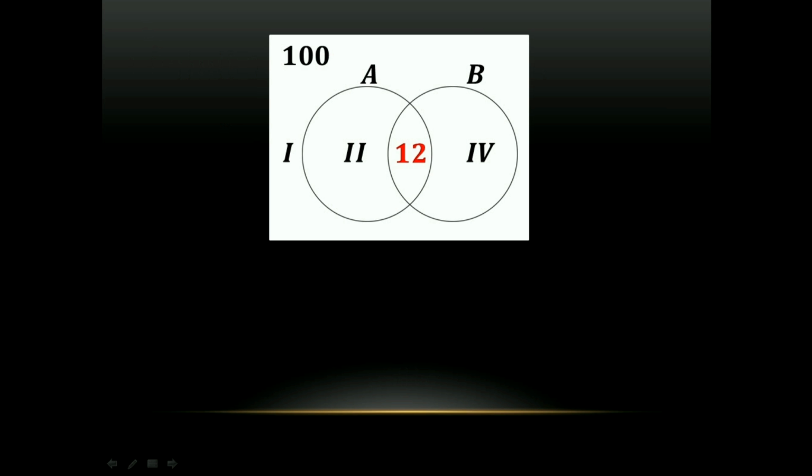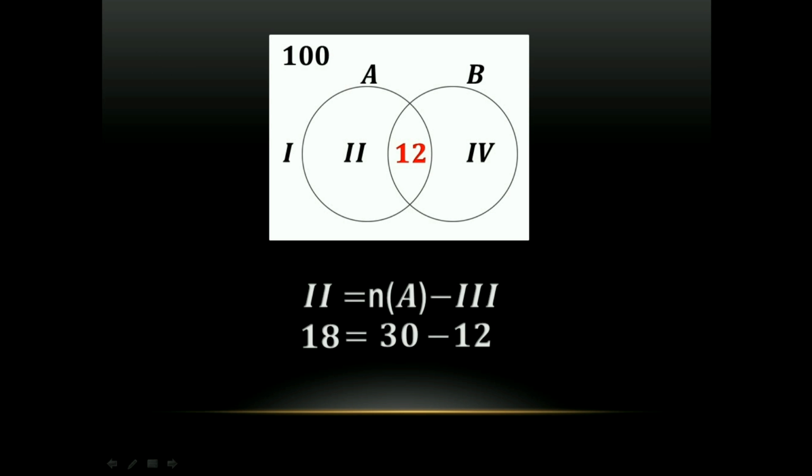For the rest of the regions, region 2 and region 4, let's start with region 2. For region 2, we just have to subtract the intersection, or region 3, from the total number of elements of A. Given that n of A is 30, we subtract 12, which is equal to 18. Therefore, region 2 is 18.